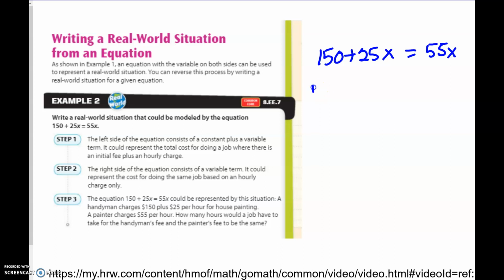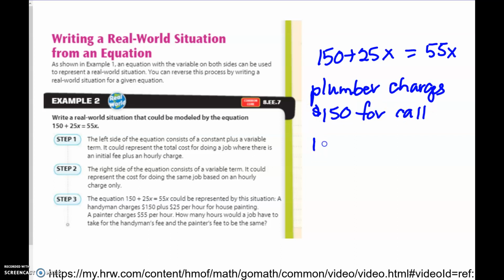The first plumber charges $150 just for a house call to come check it out, then $25 per hour for every hour that they need to work.